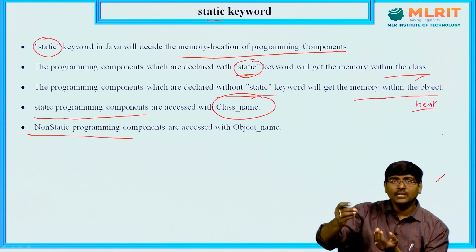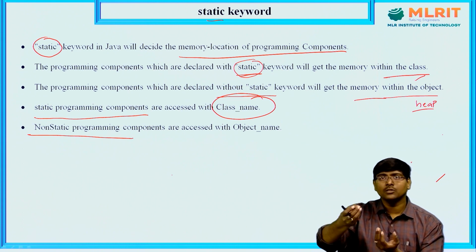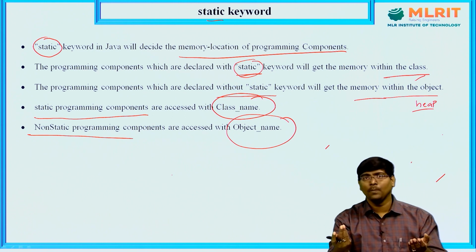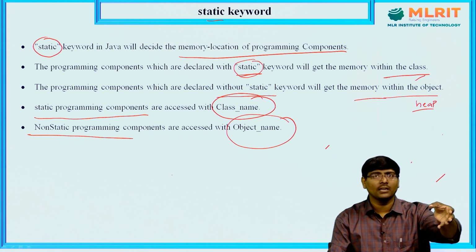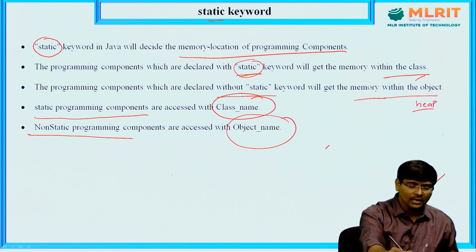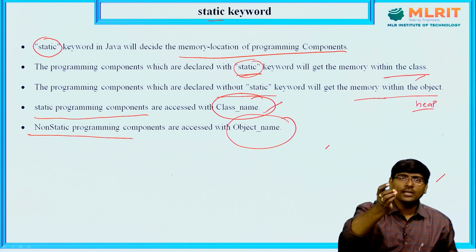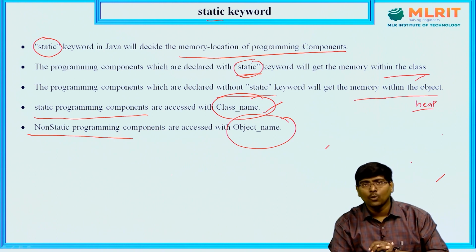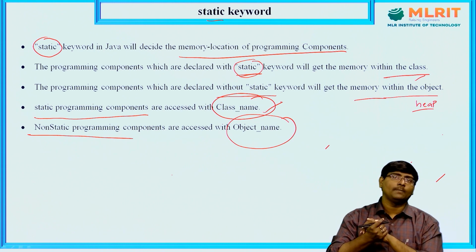So, if the memory is allocated within the object, obviously we access them by using the object name. Simple point. If you are staying at some address X, you are called by using that address only. So, similarly, static components are accessed by using the class name. Non-static components are accessed by using the object name.